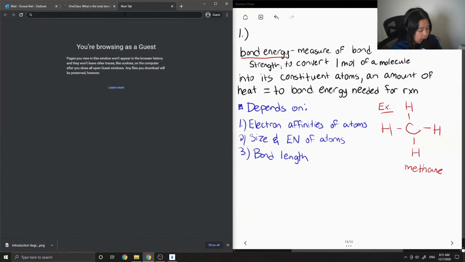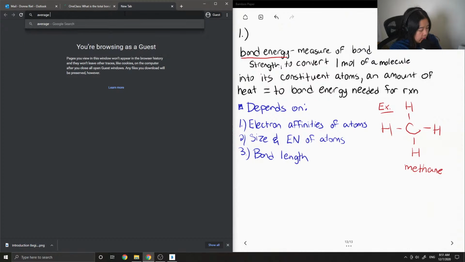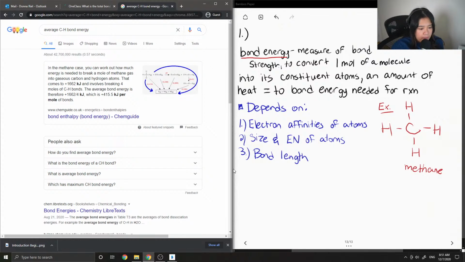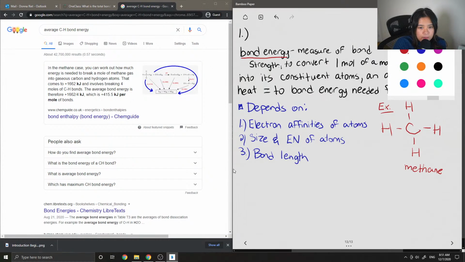Okay, so now let's look up the average CH bond energy, which is around 405.5. So let's round to, that should be fine.